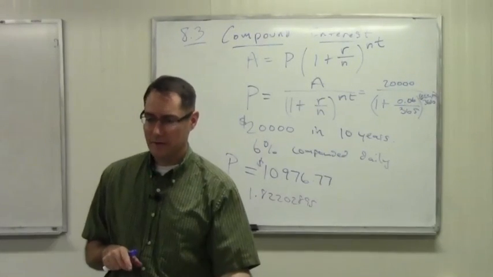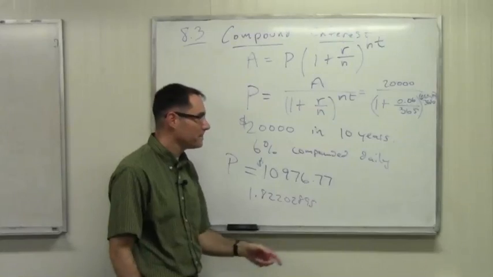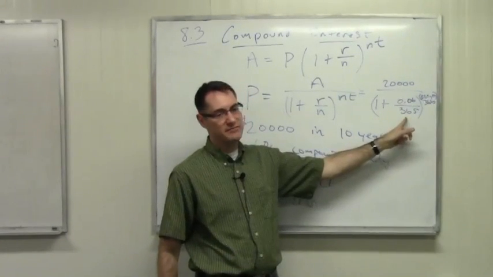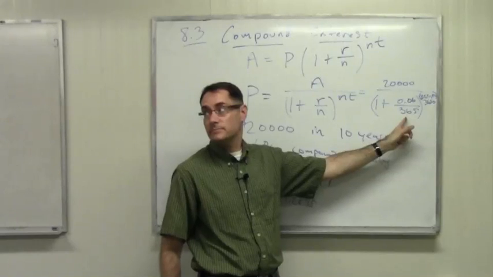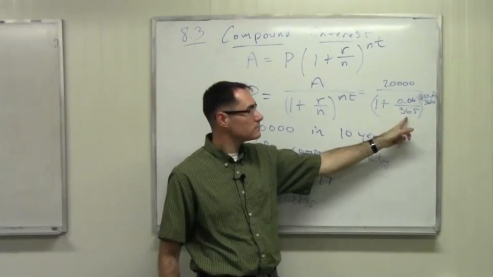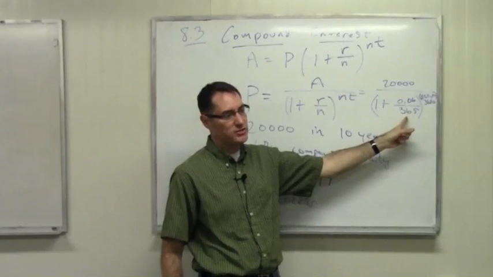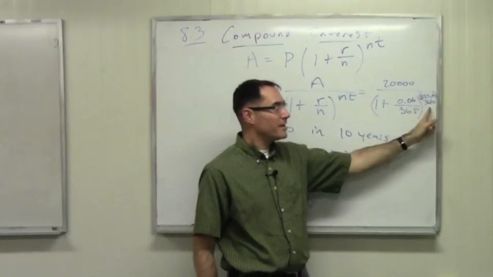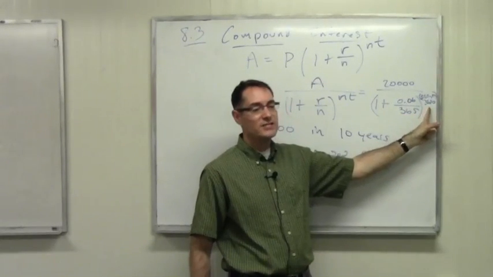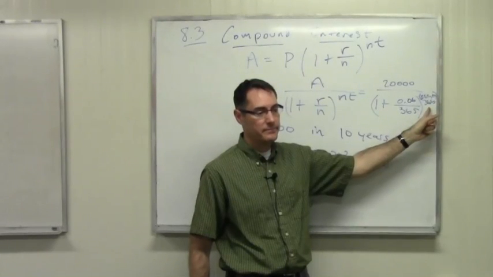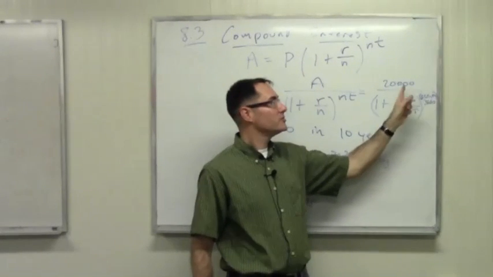You want to do it together? Yes. All right. You ready? 1 plus 0.06 divided by 365. Enter. OK? Got some 1.00000 blah, blah, blah. Caret, 3650. Enter. OK? 20,000.